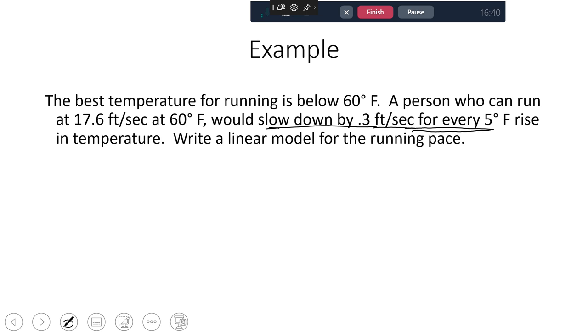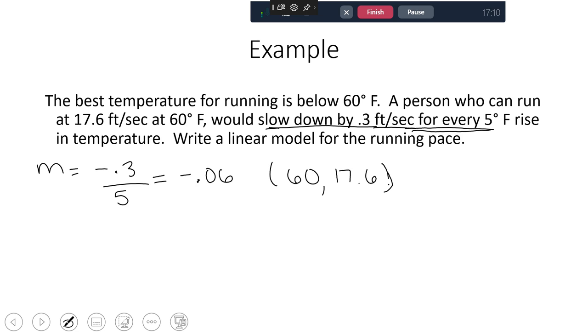All right. So our m is our rate of change. So we're slowing down by negative 0.3 for every positive 5 degrees. Okay? So if we were to divide that, we would get negative 0.06.